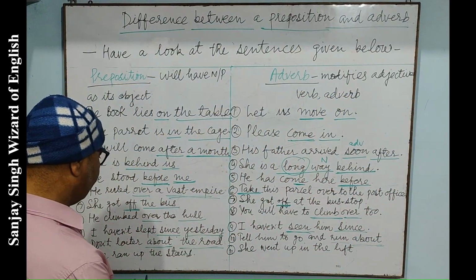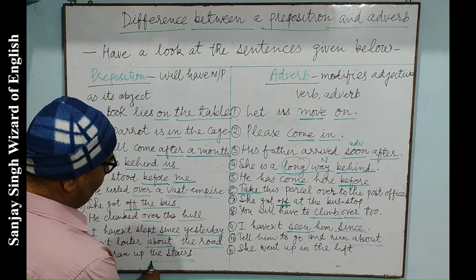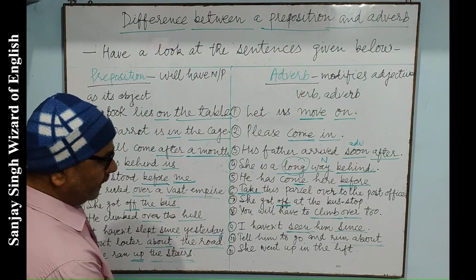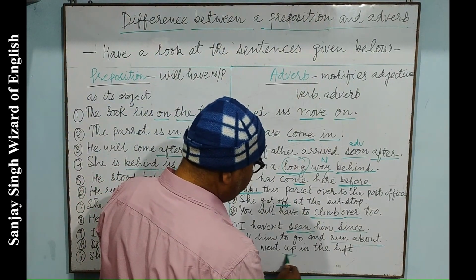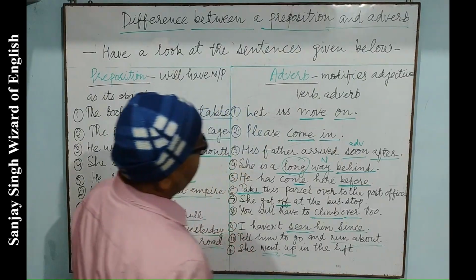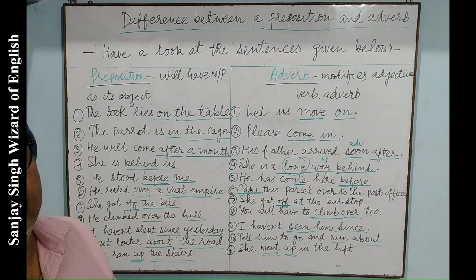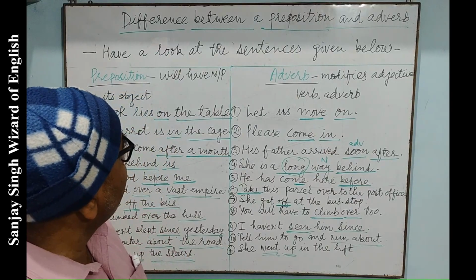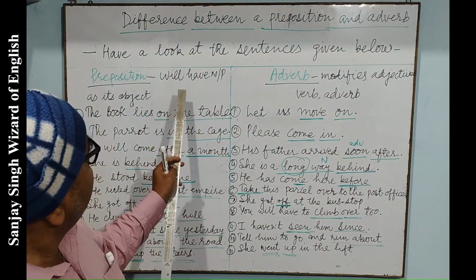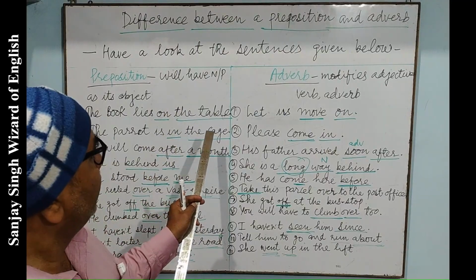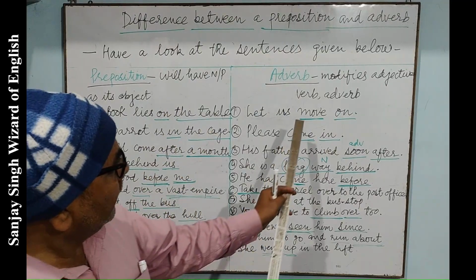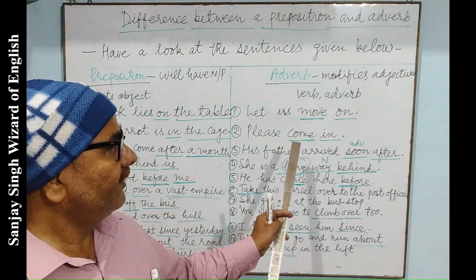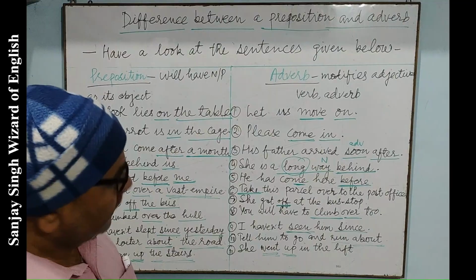In the last example, this is the object of the preposition up. Now here it is qualifying the verb went. So this way we can differentiate between preposition and adverb. Here in this case there is an object. Here in this case it is modifying either verb, adverb or adjective.